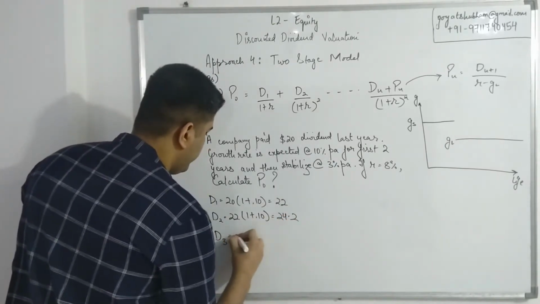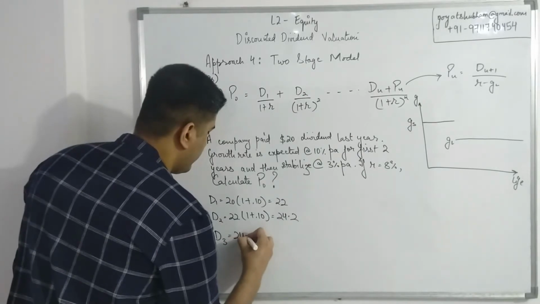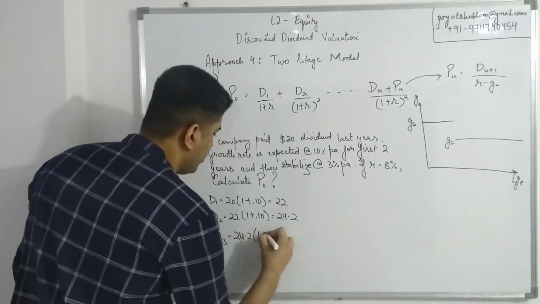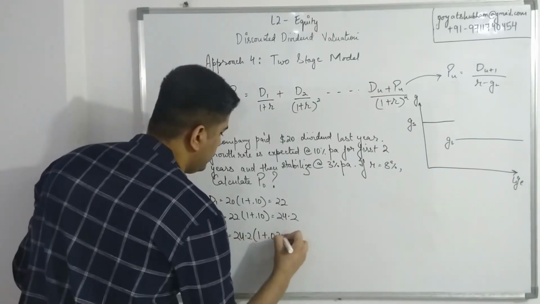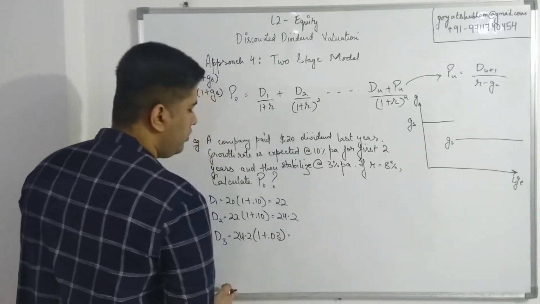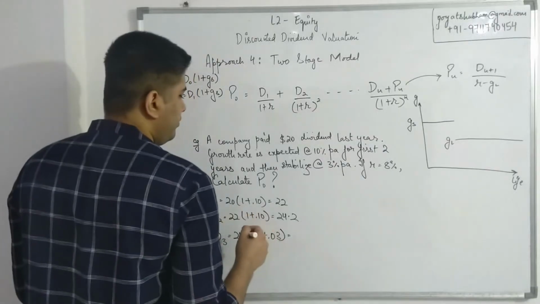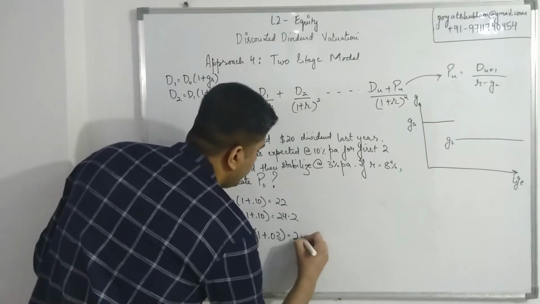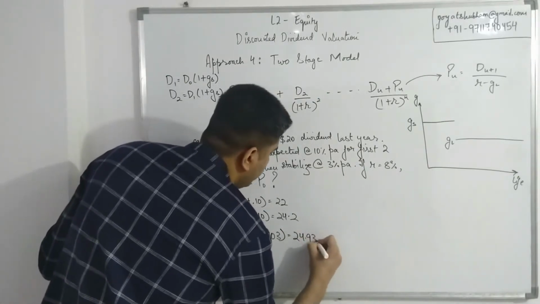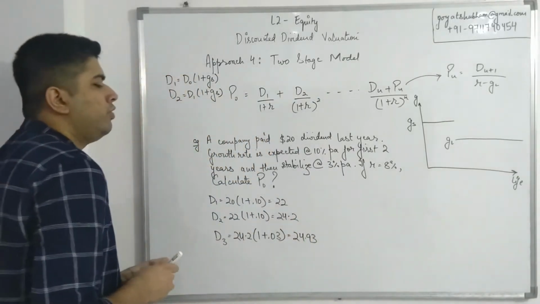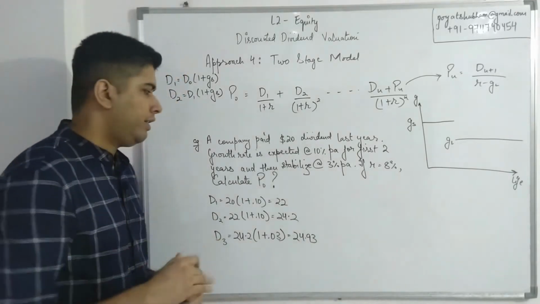And D3, the growth rate is only 3%. So we'll use this. This will give you a value approximately 24.93. I'm just approximating at 2 decimals, but if you have higher decimals, I will just take that.